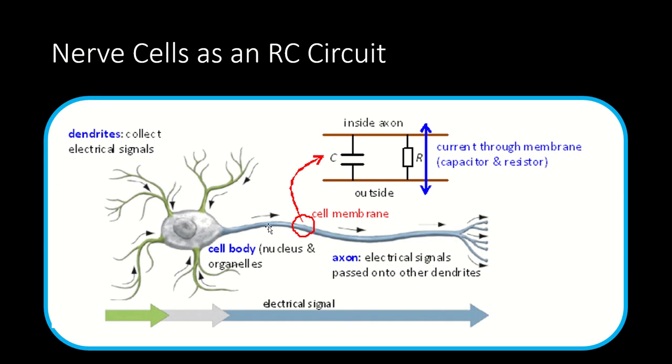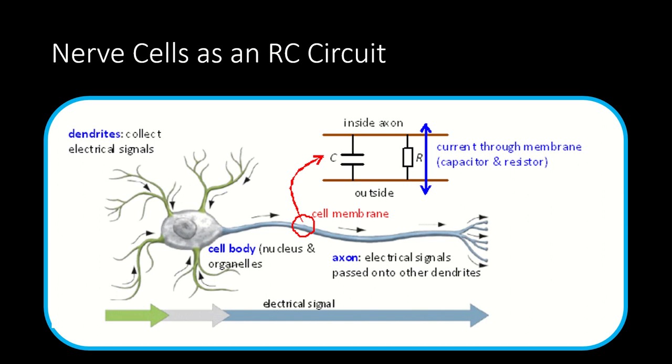And then we have what's called this longer axon, which is the tube that's meant for propagating electrical signals to other nerve cells, passing them to other dendrites. The propagation of electrical signal is from dendrite to the cell body to the axon.